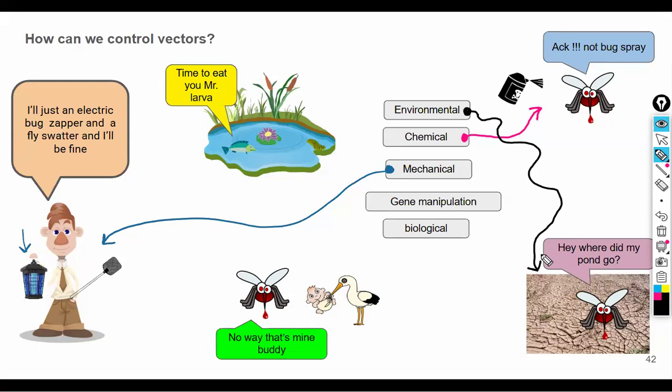Also, let's say you know the rats are living in a piece of land. So what you do, you grade down the whole piece of land. You remove all the big grass and topsoil. So now the rats don't have a place to live. They don't have the bush to live in anymore. So you physically change the environment.